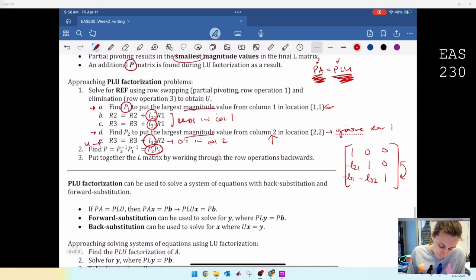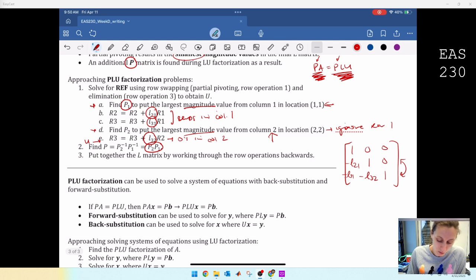Okay. The difference is that when we get L, I know I drew it right here as a strict lower triangle matrix, but L isn't necessarily going to be a triangle matrix. So if we want to get a triangle matrix, we have to take P times L as our final step. I'm not necessarily going to show that.